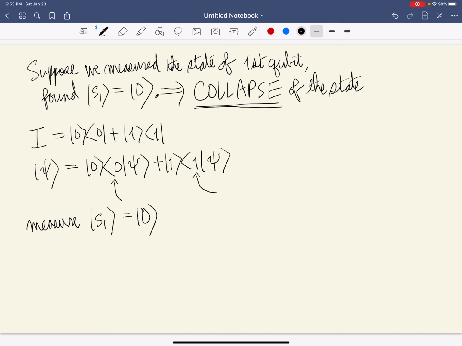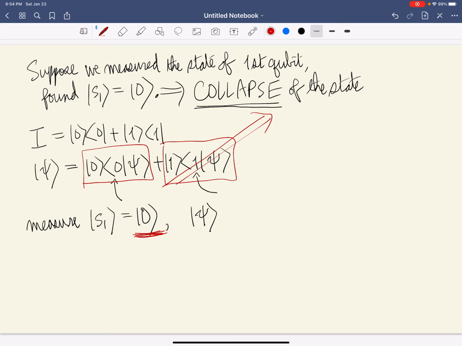Then what happens is that out of these two states which form a superposition, now since we have made this measurement of the first qubit and found it to be 0, it is as if this state is no longer existing in the universe. So we can simply take it out and pretend that this thing never even existed.